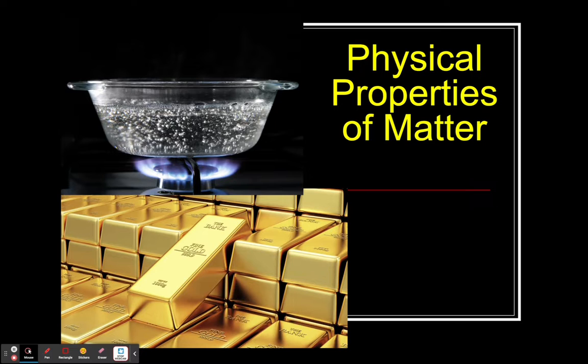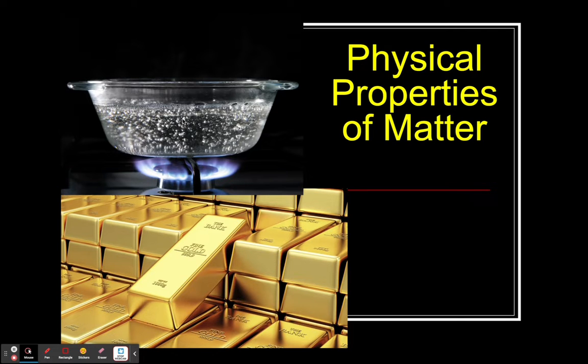Here we're going to start looking at the physical properties of matter. You see some gold here, and gold is Au 79 on the periodic table of elements, which means it's got 79 electrons. You can see water above. Water is a substance that has hydrogen and oxygen together.